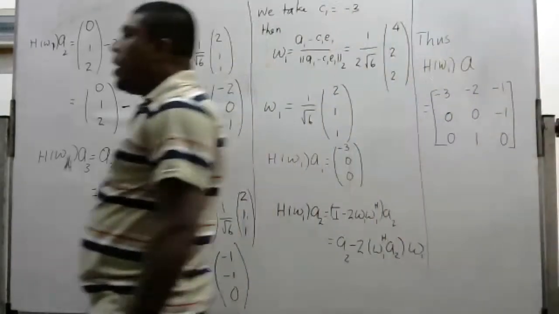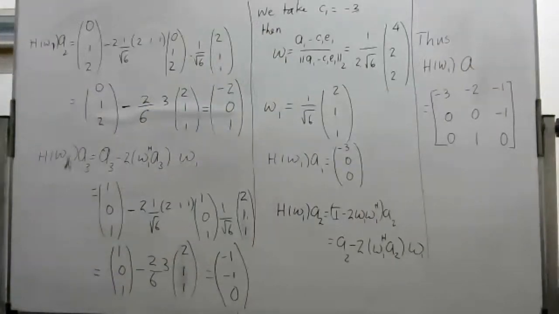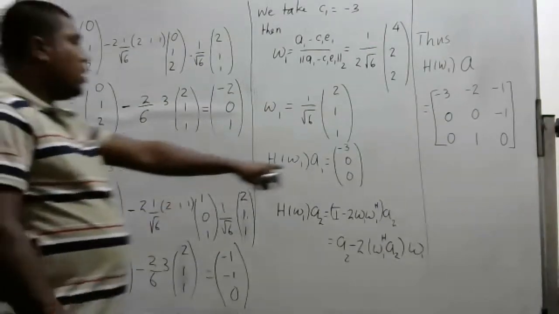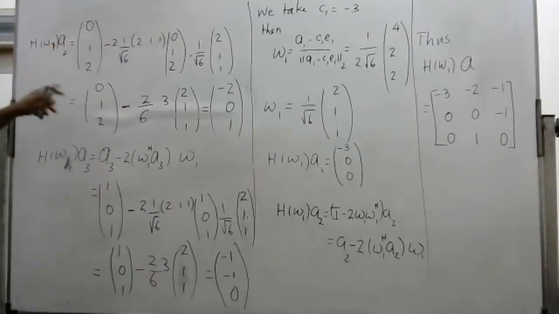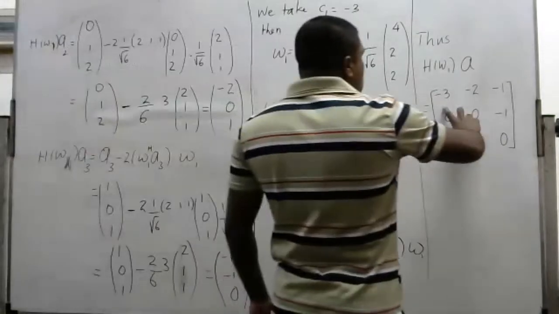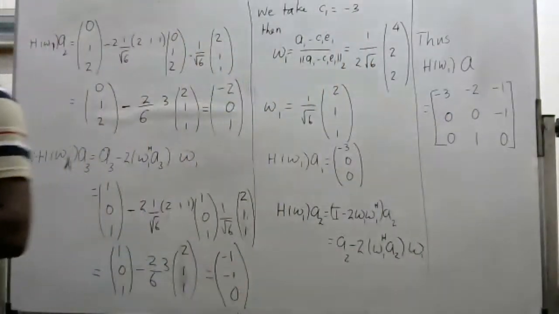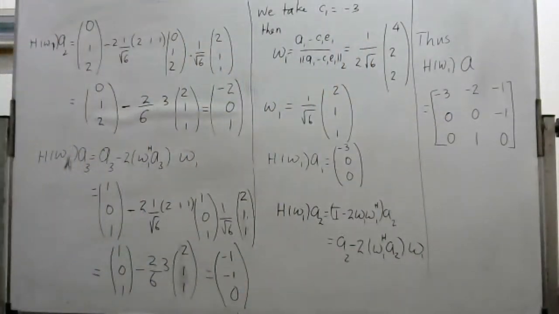So h omega 1 a is h omega 1 a1 as the first column, h omega 1 a2 as the second column, and h omega 1 a3 as the third column. We have already computed that. So we make sure that we have 0 below the diagonal on the first column when we multiply by the first elementary Hermitian matrix.